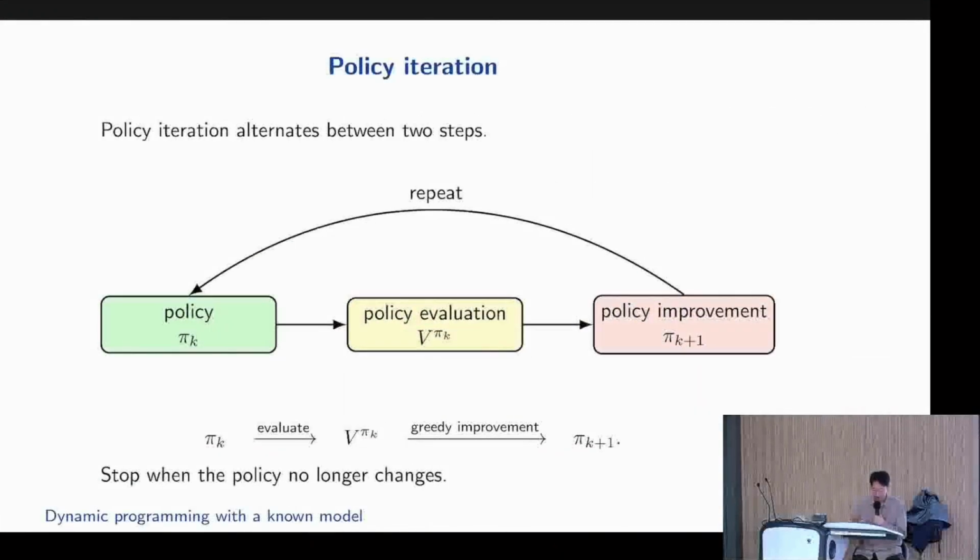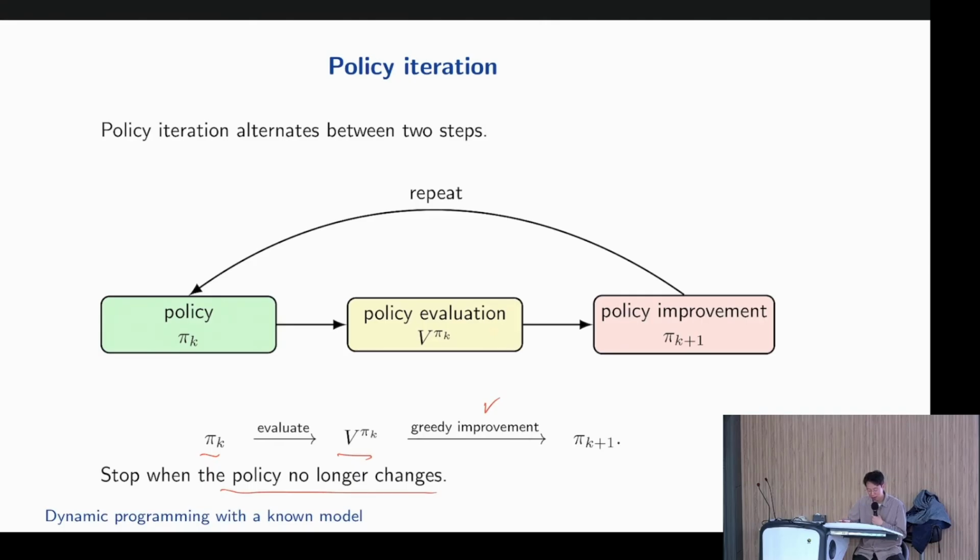So the policy iteration algorithm is: you randomly initialize the policy, evaluate by solving DP for all states, and then you do the greedy improvement, which acts greedily according to the DP-computed V table, and repeat. And you stop when the policy no longer changes.